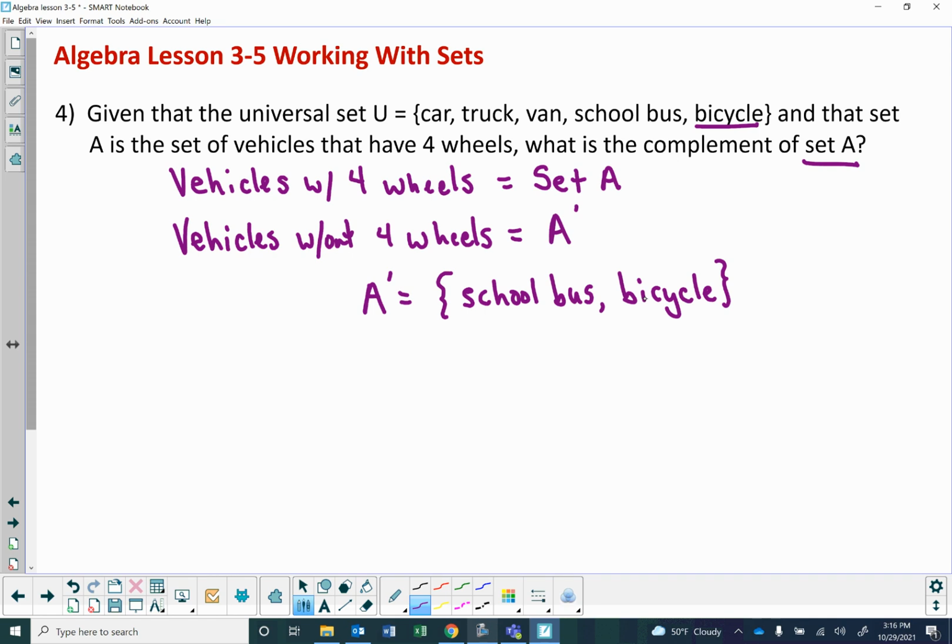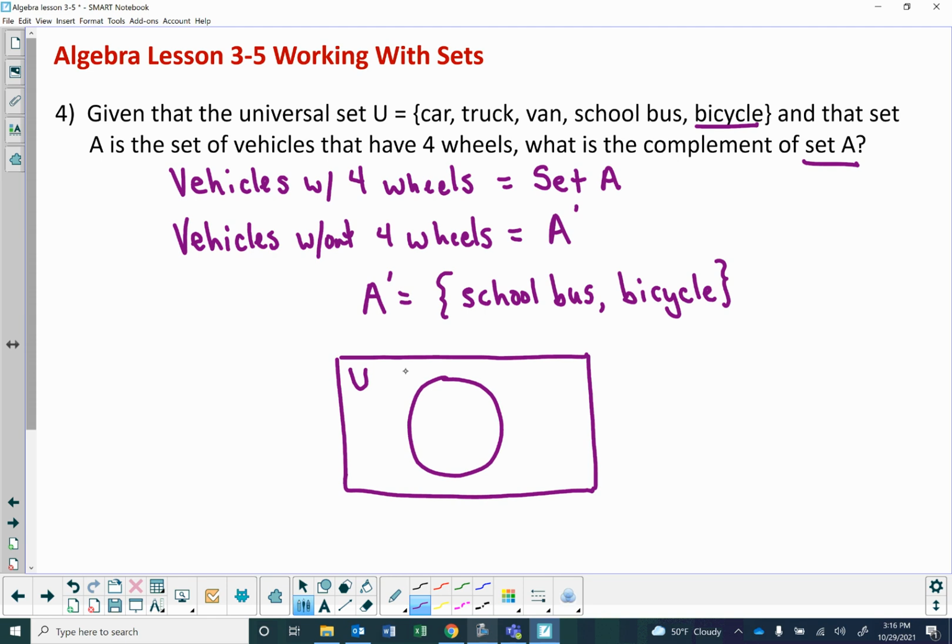Let's look at what this would look like visually. Sometimes you've seen some of these sets and subsets drawn. We draw a big rectangle, and in the corner I put U because that's the universal set. In the universal set, we have the subset of having four wheels. This would be set A. And what's in set A? Well, set A has car, truck, and van.